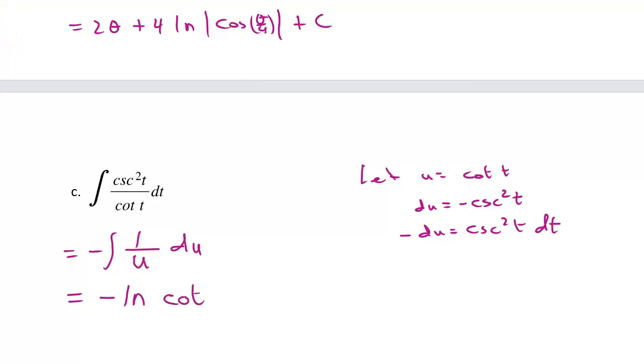Well, let me do the intermediate step first. So it's the negative natural log of u plus c. And then the last step would be to fill in the u. So put the cotangent t back in there.